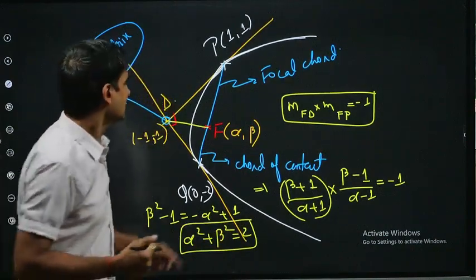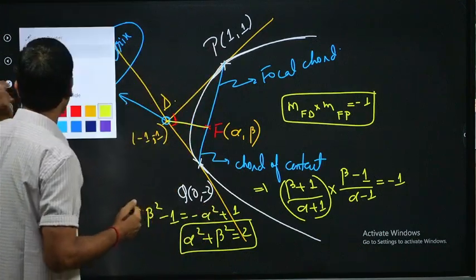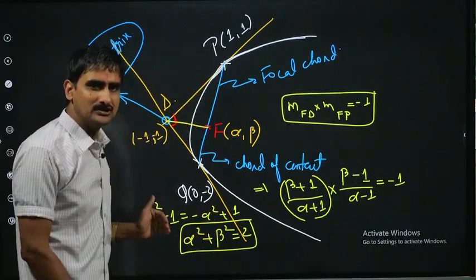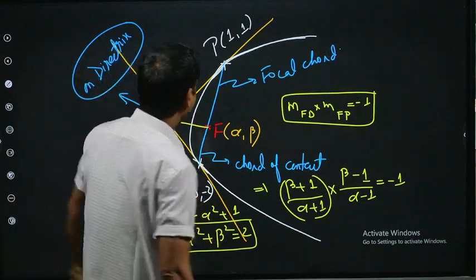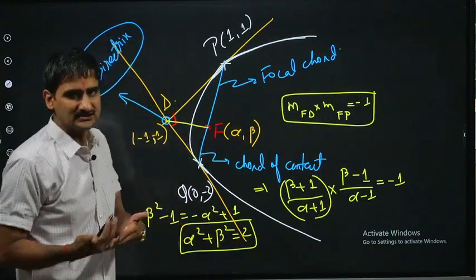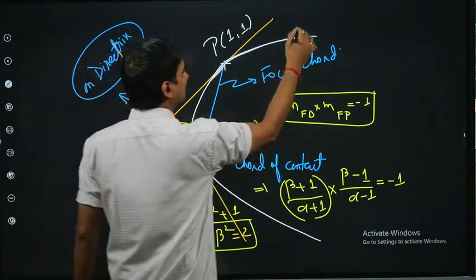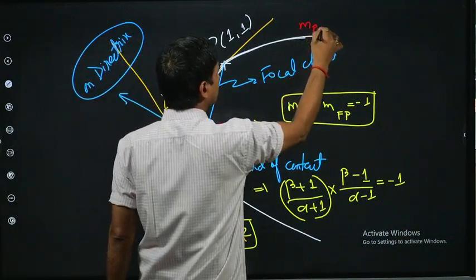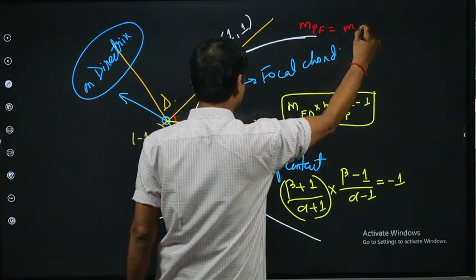The other relation is that this point lies on the line joining P and Q, because that's the focal chord. Again in that case we can just equate the slopes. So I will say the slope of PF is equal to the slope of QF, bachcho.